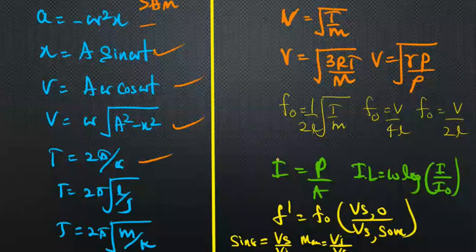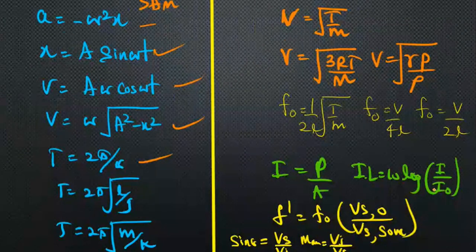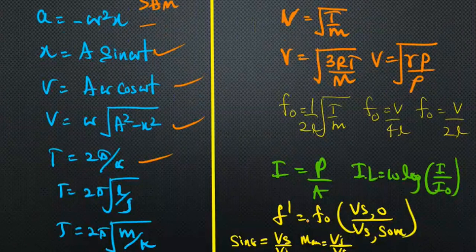Then for intensity, I equals power divided by area, and intensity level is 10 log I over I naught. Here I naught is the threshold intensity, 10 to the power minus 12 watts per meter squared. Then Doppler's effect, f dash equals f naught times the velocity of sound relative to observer divided by the velocity of sound relative to source.